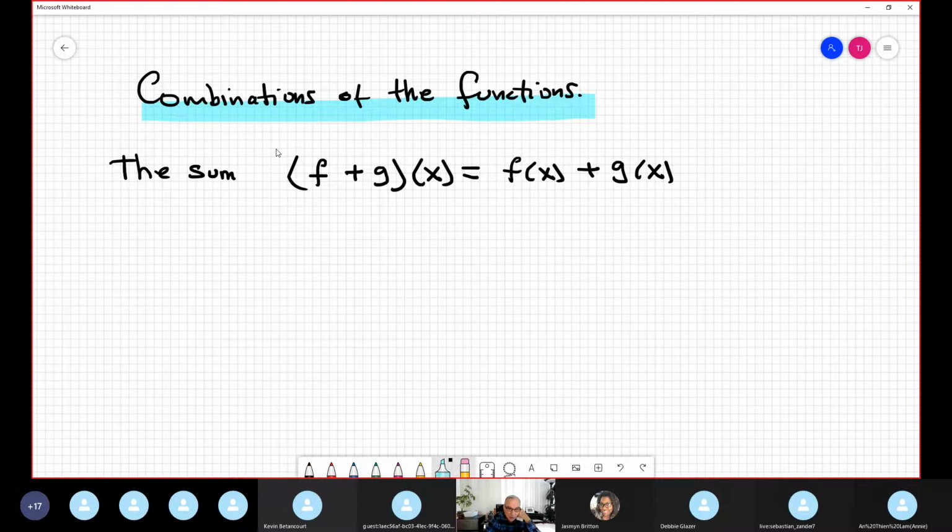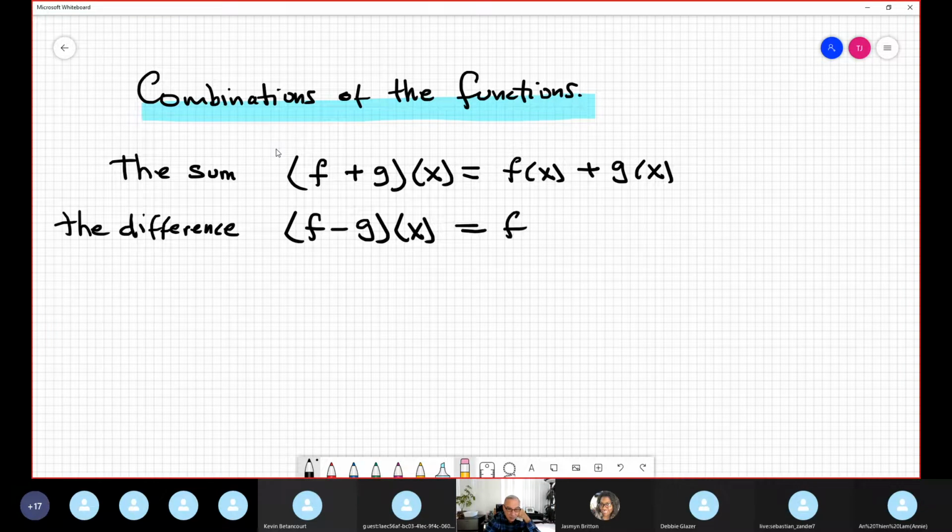You need to be familiar. The name is f plus g, but it's logical, no? The subtraction or the difference is f minus g of x, which is f of x minus g of x. Okay, same thing. The product, multiplication.